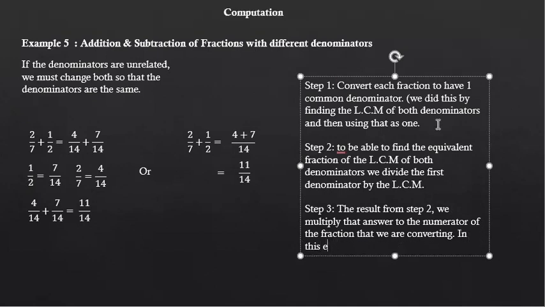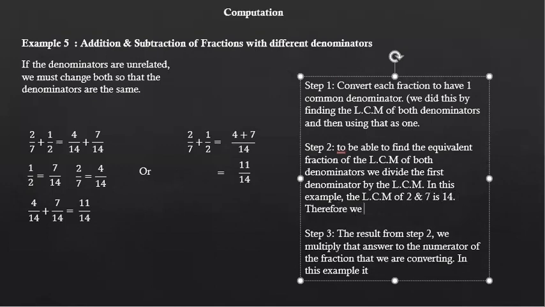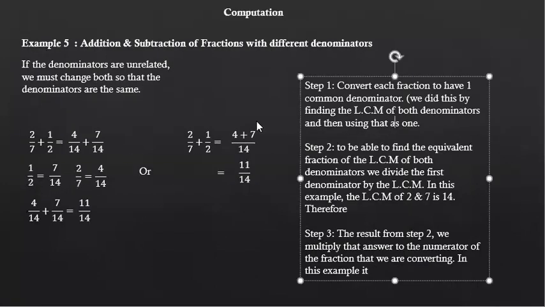In this example, so I'm just gonna come back to this. In this example, the LCM of 2 and 7 is 14. Sorry about that.